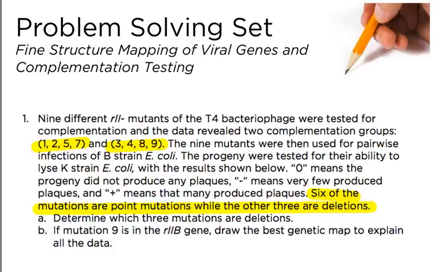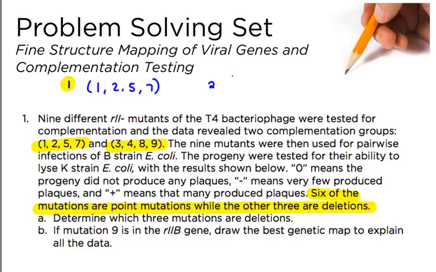some important facts. Through the complementation data, they found 2 different complementation groups. Now remember that each complementation group is a gene. So we know that one gene, say gene 1, has mutants 1, 2, 5, and 7.